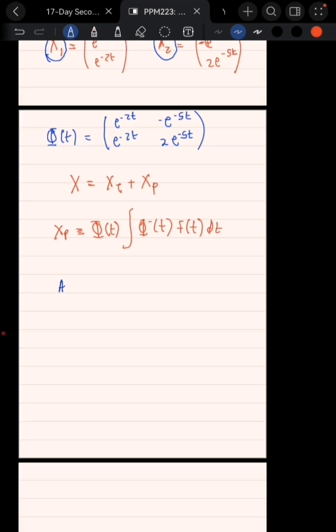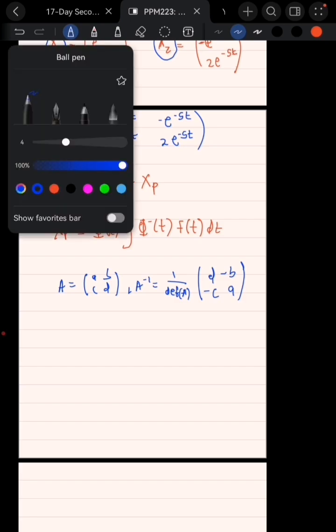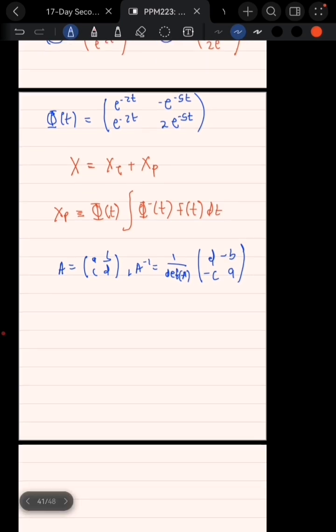When we have a matrix with entries A, B, C, D, the inverse is going to be 1 over the determinant of this matrix multiplied by the matrix where we swap D with A, and multiply B and C by negative. We are going to apply a similar procedure to find the inverse of the fundamental matrix.